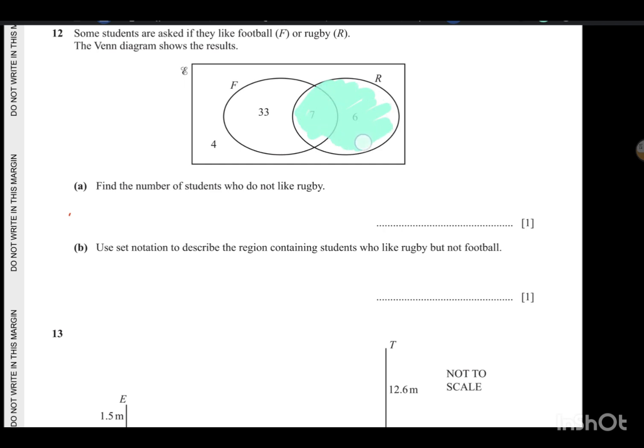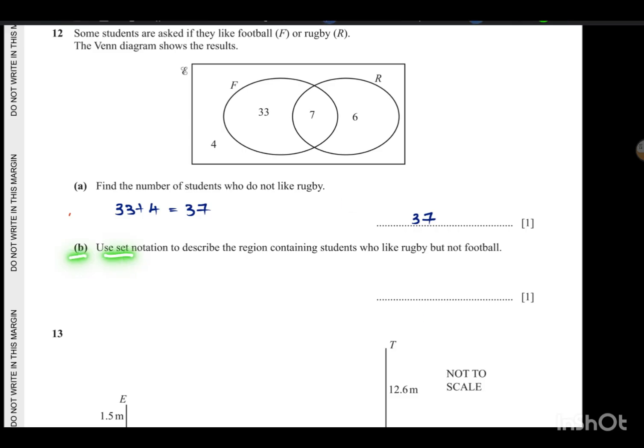So that is 33 and 4, because 4 is also included in the students who do not like rugby. So this is 33 plus 4, which is 37. 37 is the answer.